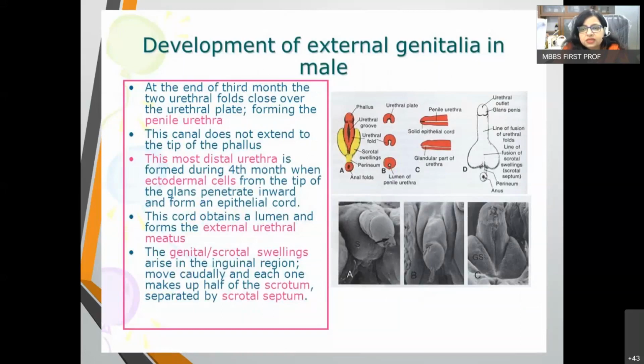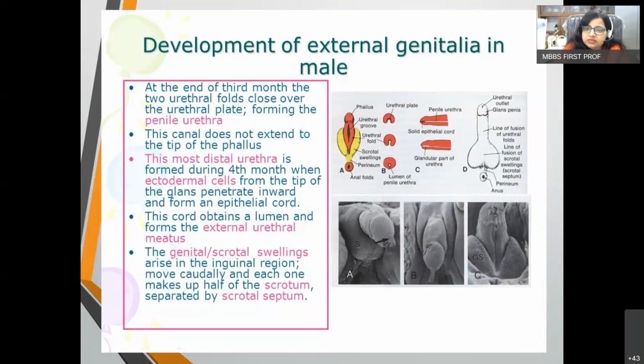And this is the development of external genitalia in males. By the end of the third month, the urethral folds close over the urethral plate, and they form the penile urethra.